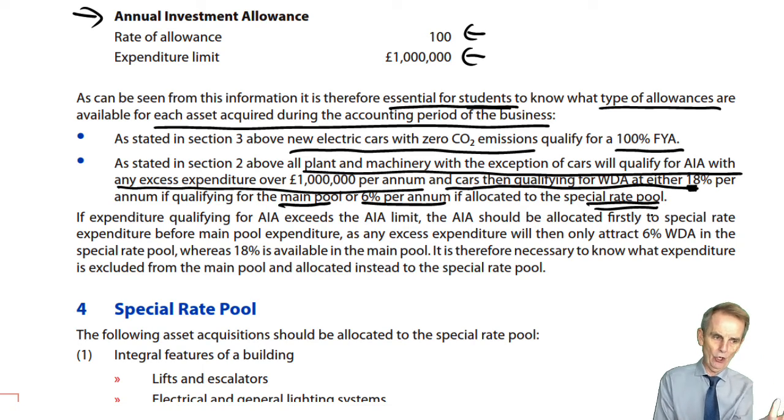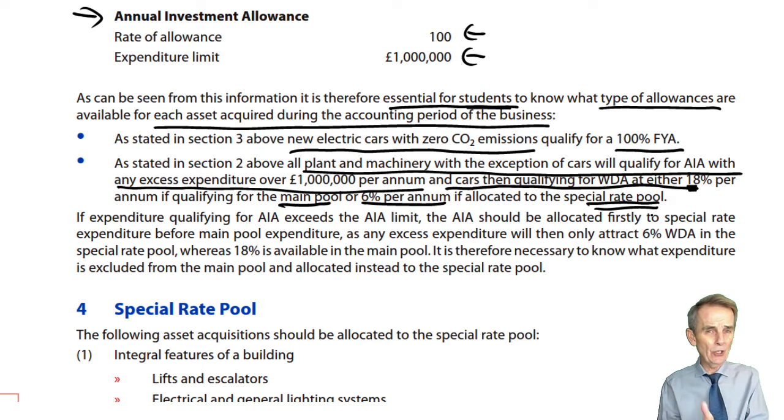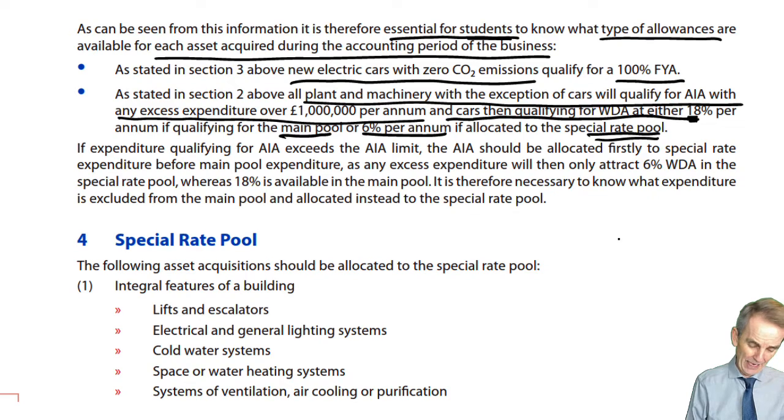So we have expenditure that is main pool, that is special rate, a mix of the two, and it exceeds 1 million. If you only have 1 million, to which expenditure would you apply the 1 million? Because anything left over would then go into the relevant pool, main or special rate, and only thereafter qualify for writing down allowance. And that's what we've got here in this note.